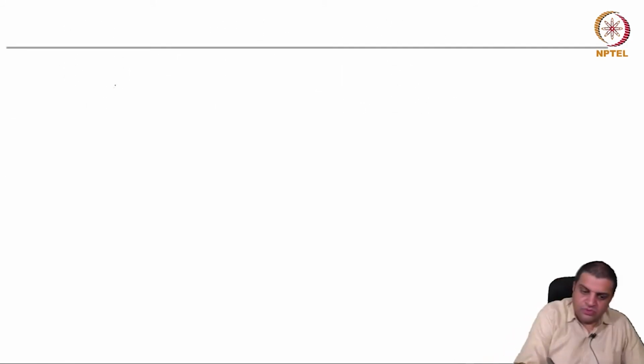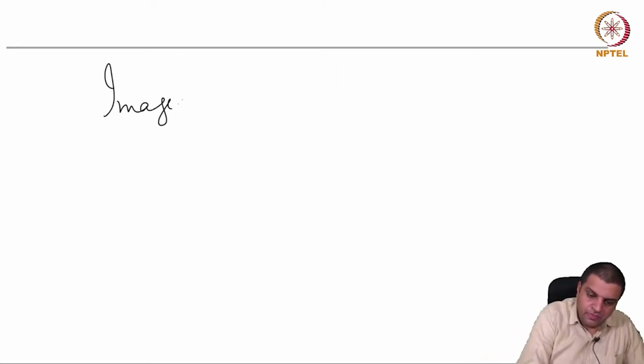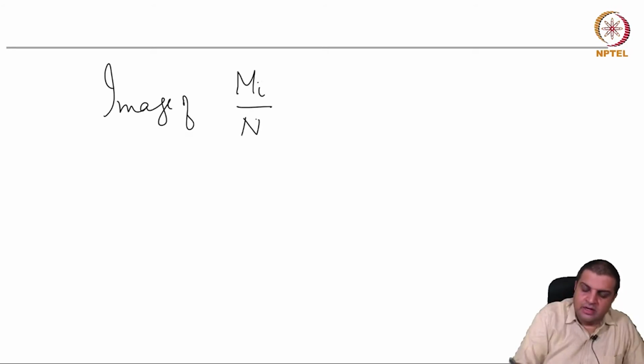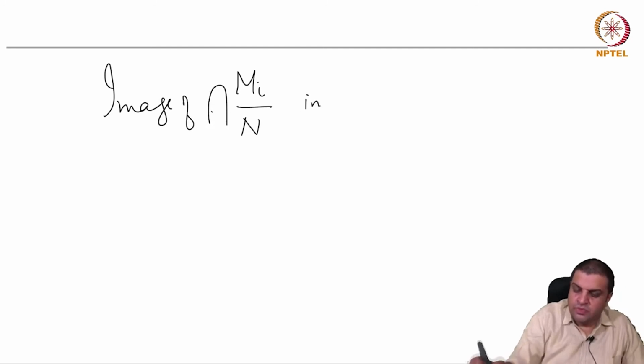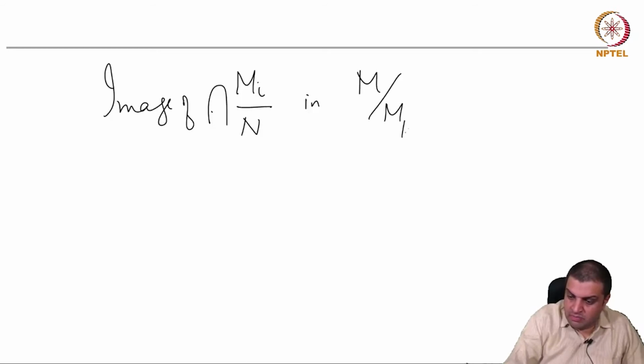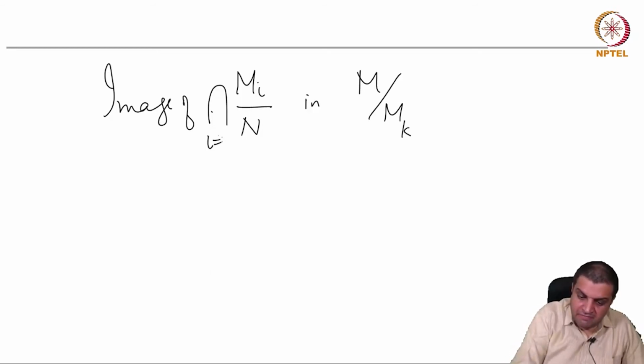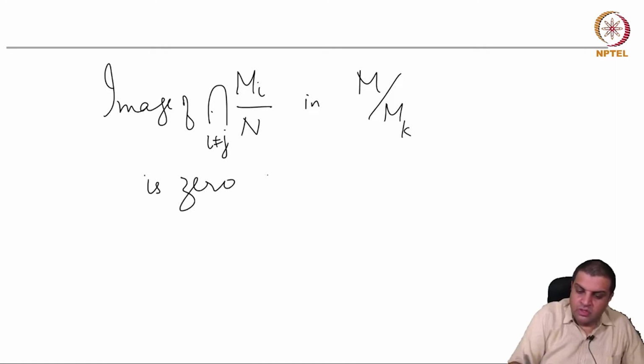So the image of the intersection of Mi over N, for i different from j, in M mod Mk is 0 if k is different from j.